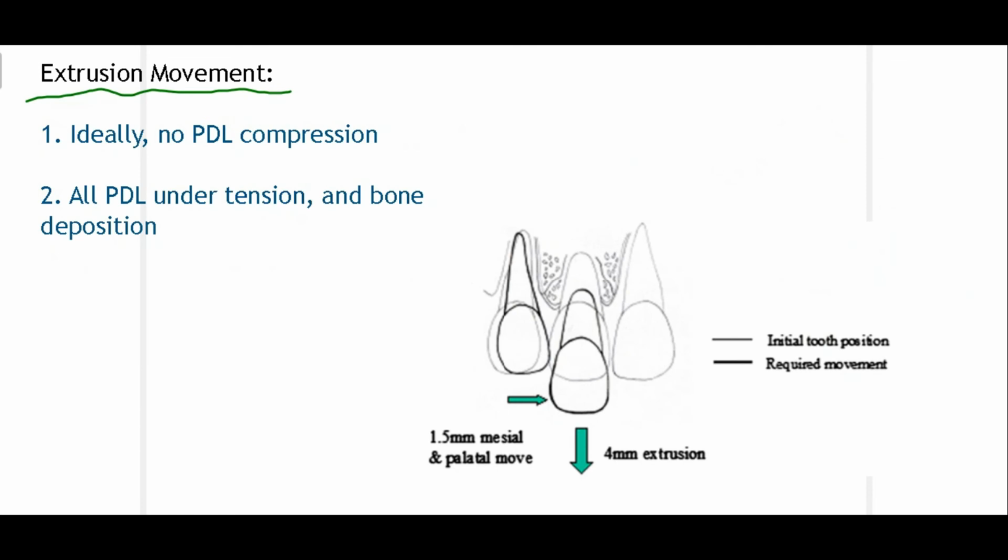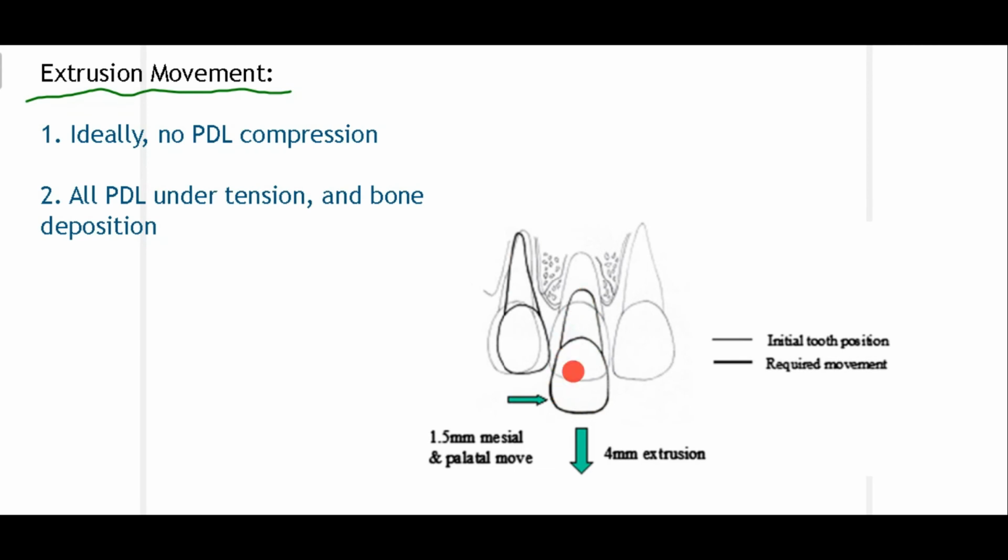Next, we have extrusion movement. As you can see in this diagram, this is the original position of the tooth, the crown and the root. After you have achieved extrusion, the tooth moves out. It's being extruded. You can see in this case it has been extruded 4 mm. This was the initial tooth position and this is the tooth movement that was required and it has been achieved. So this is known as extrusion movement.